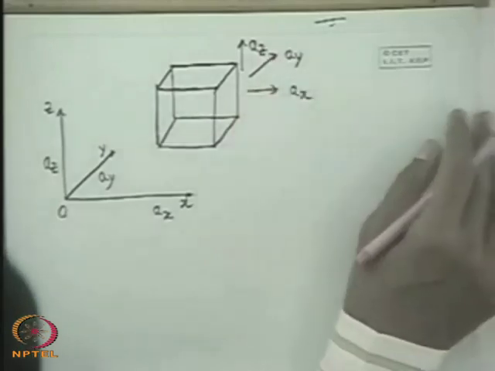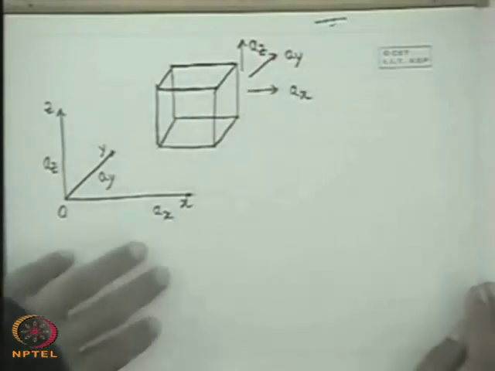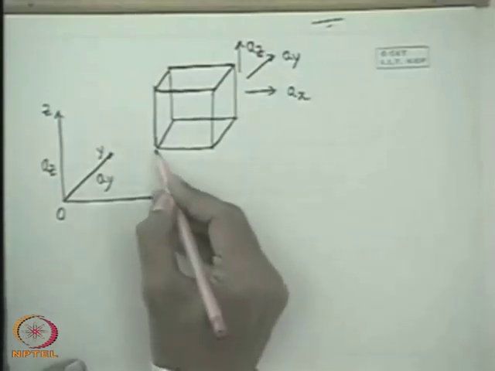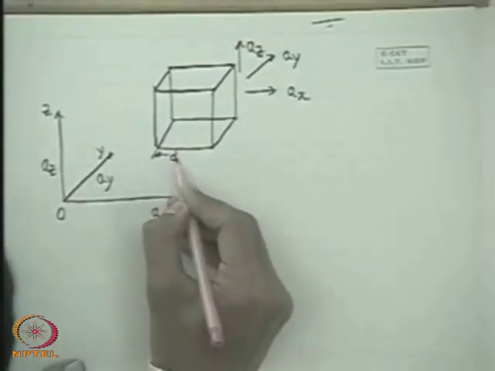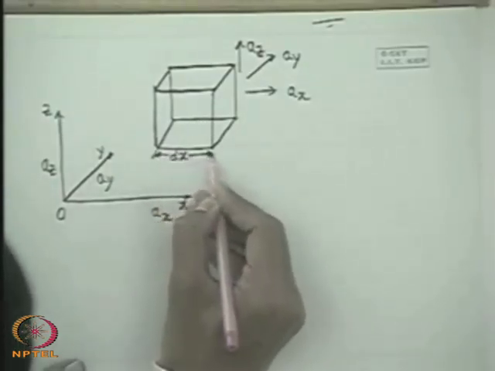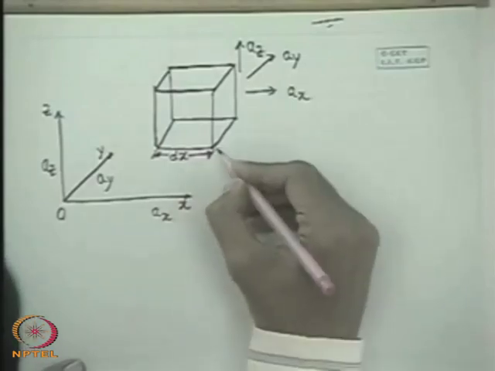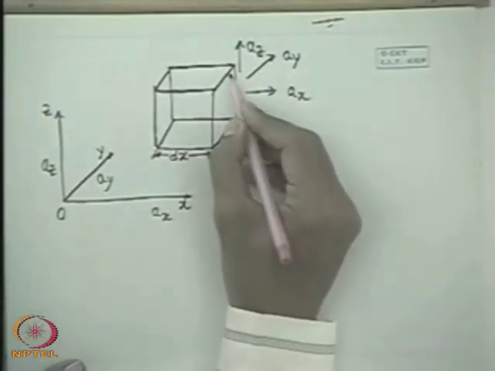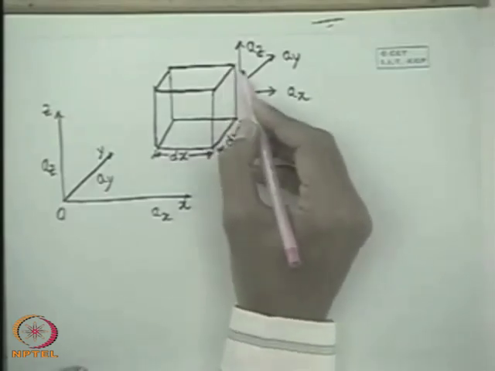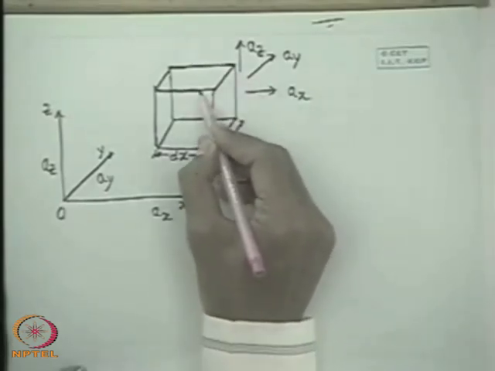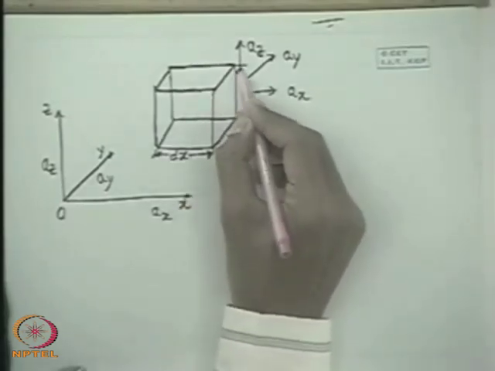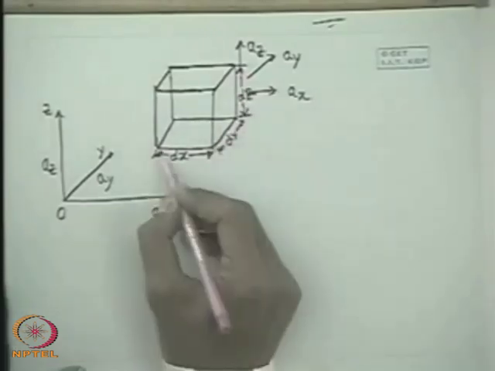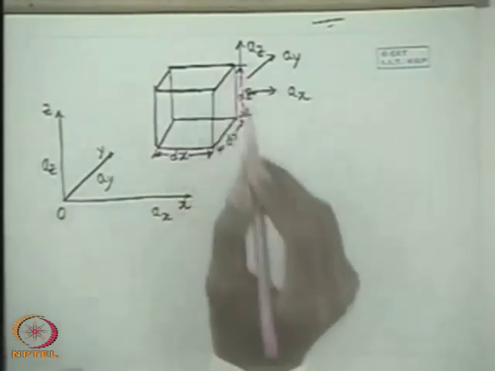Well, now let us define as usual: dx is this dimension, dy is the dimension of the parallelepiped along the y direction, and this one is dz. That means the parallelepiped has dimensions dx, dy and dz.